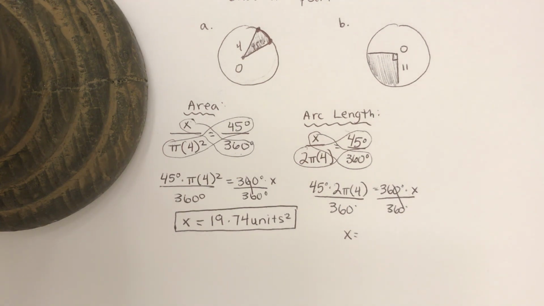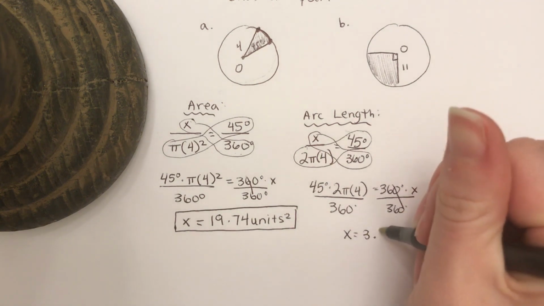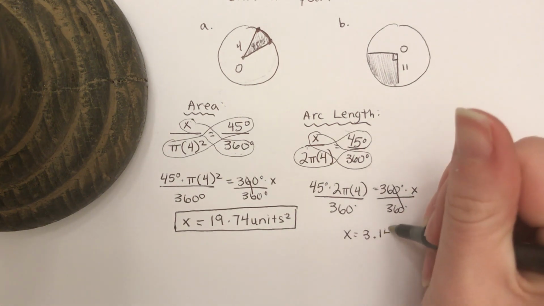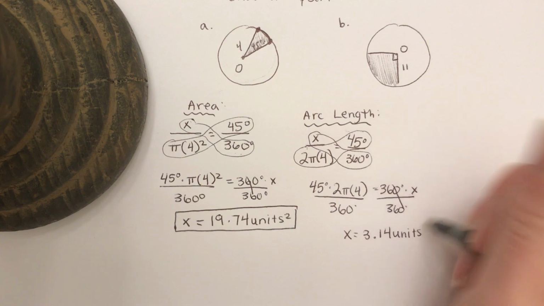So then go ahead and type this into your calculator. So 45 times 2 pi times 4, and then divide that by 360. So that's going to give us 3.14 units.